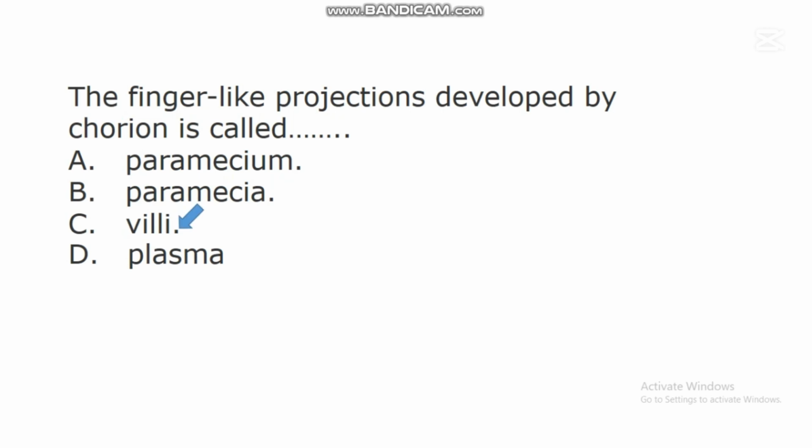These villi are finger-like projections in the chorion, and these villi interact with the maternal uterine lining in order to ensure that nutrients are supplied to the embryo. So the finger-like structures observed in this chorion are called villi.